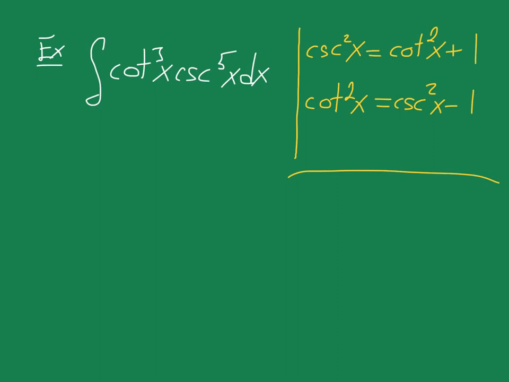Rather than using the identities secant squared x equals tan squared x plus 1 and tan squared x equals secant squared x minus 1, we use these two identities here, which will allow us to express cosecant squared in terms of cotan squared and cotan squared in terms of cosecant squared.